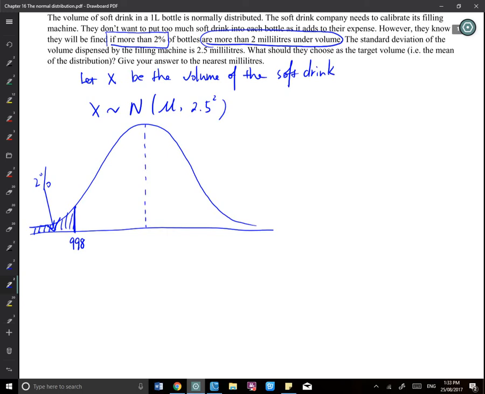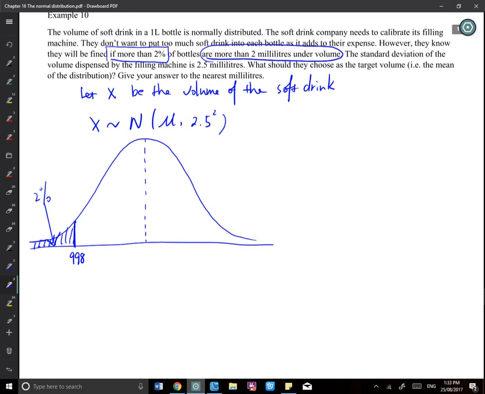If you set your mean volume as 2 liters, and the standard deviation is 2.5, do you think you get below 998? It's very, very hard to get below 998 because 3 standard deviations on each side of 2 liters cover 99%. So 998 is very far away on the left-hand side. So it's very unlikely to have that value. So it's definitely below 2%.